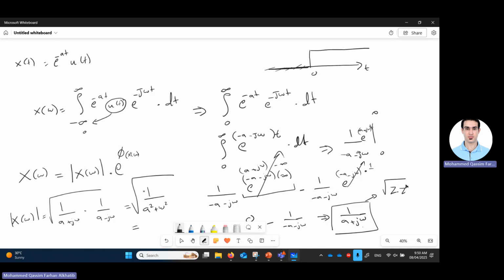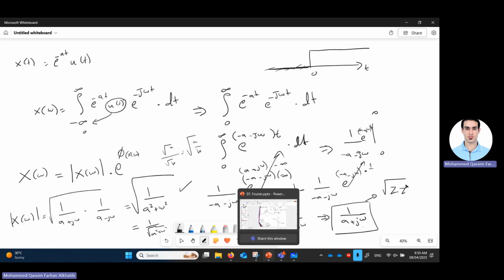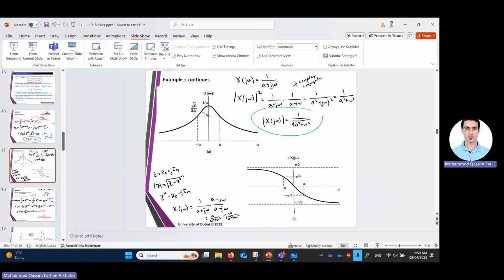And yes, you can say that square root of a over square root of b equals square root of a over b. Since I have 1 here, it's going to be 1 over. But both are the same answer. You just want to stick with the reference we have there. So that's the magnitude. What about the phase?